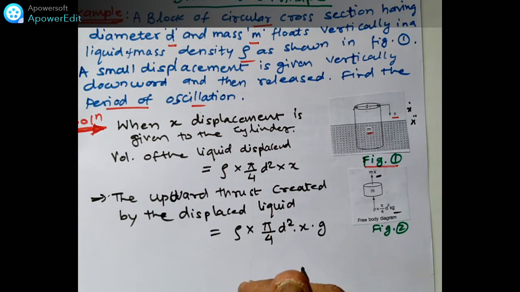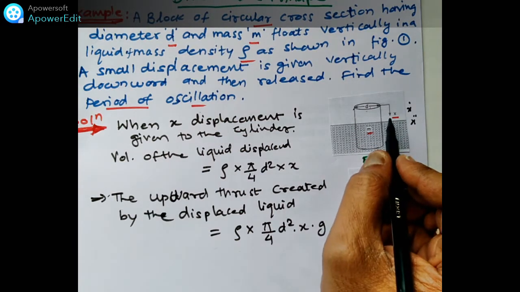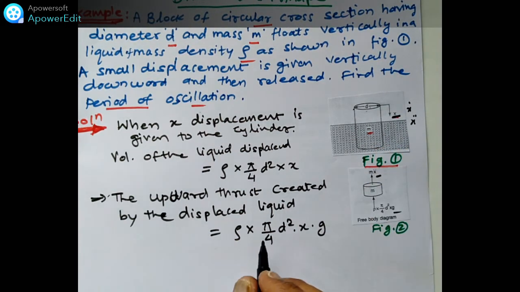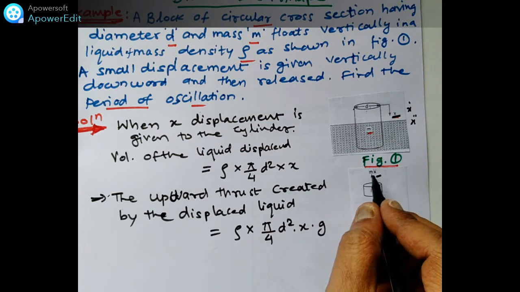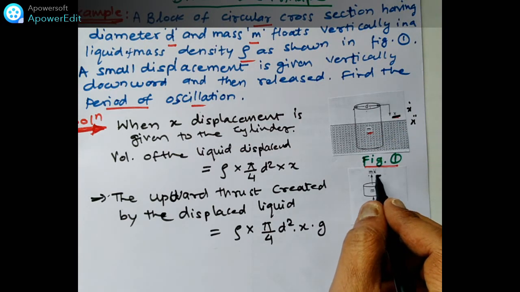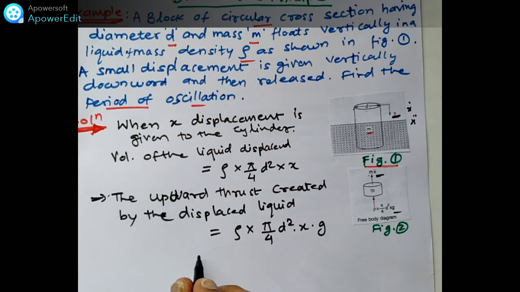In D'Alembert's principle, the accelerating force acts in the direction opposite to the displacement. So this is the displacement direction, and opposite to it is m x double dot.